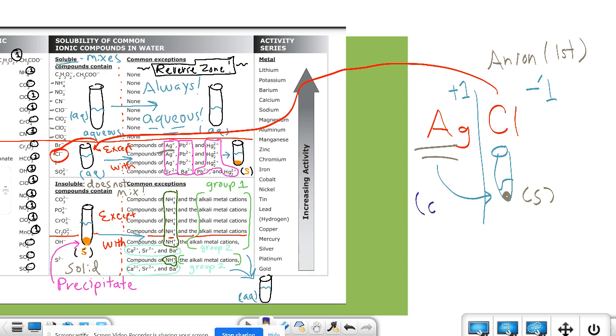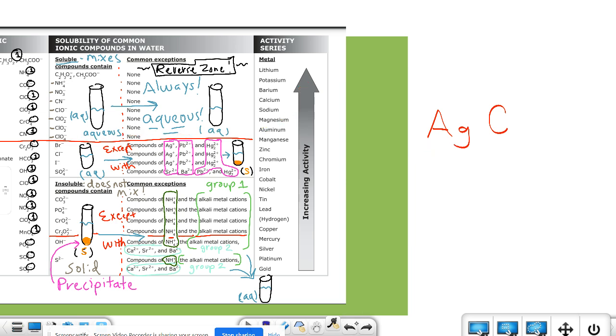Then look at the cation second, and if the cation is an exception, it's going to flip it. Exceptions reverse what you want the compound to be.